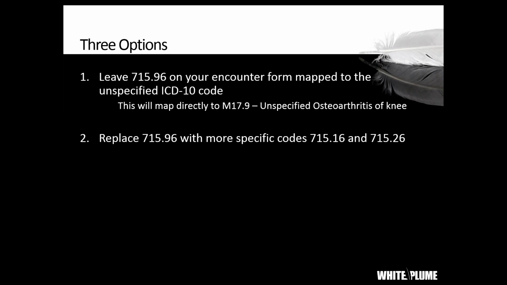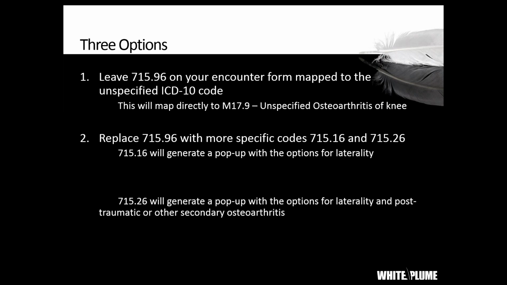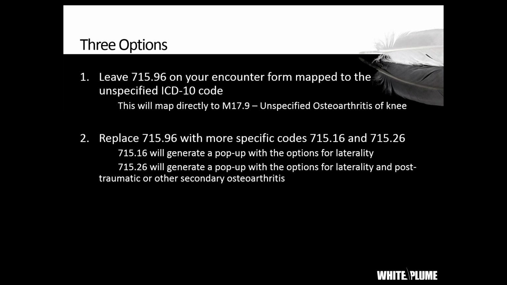Some of you may be okay with that, some of you may not. If I did that, it would give me the pop-ups with the laterality options for primary osteoarthritis of the knee, 715.16, or secondary osteoarthritis of the knee, 715.26. Both of them have laterality options, but there are some additional choices for the secondary osteoarthritis.